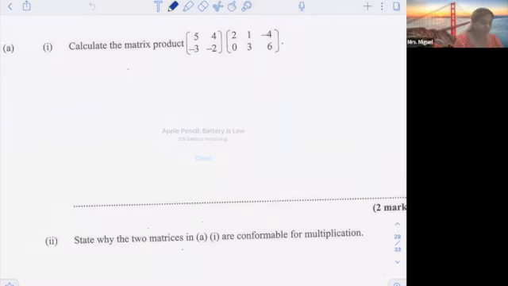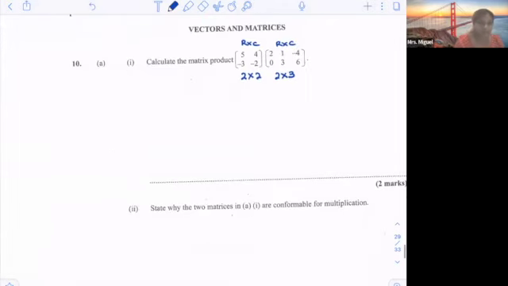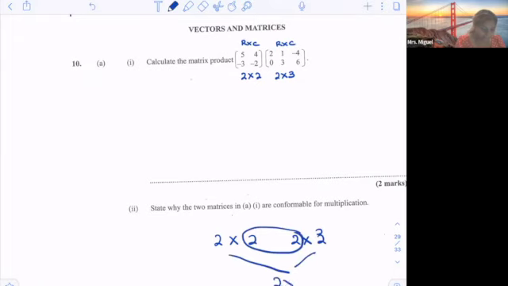So here we have a 2 by 2, and here, this is row by column, we have 2 rows and 3 columns. As long as these two numbers are the same, the matrices can be multiplied. So we will form a 2 by 3.